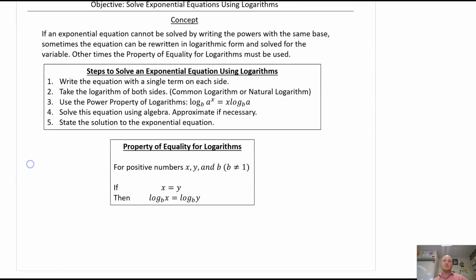If an exponential equation cannot be solved by writing with the powers of the same base, which is the exponential property of equality, then sometimes the equation can be written in logarithmic form and solved for the variable. Other times you have to use the property of equality.